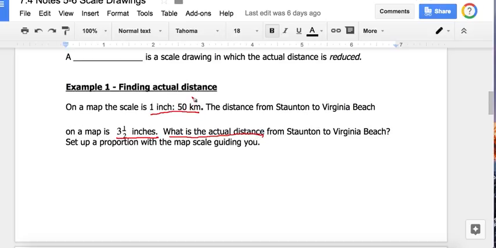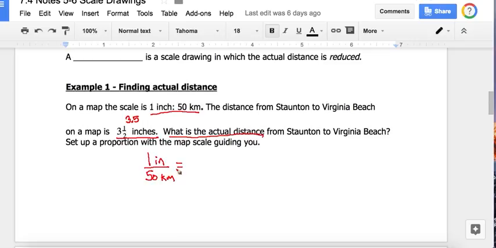Now, if any of our numbers are fractions, we've got to convert them to decimals. I see 3.5, and what's 3.5 as a decimal? Hopefully you said 3.5. When I set up a proportion, I like to take the scale and make a ratio out of it. So I write 1 inch over 50 kilometers.